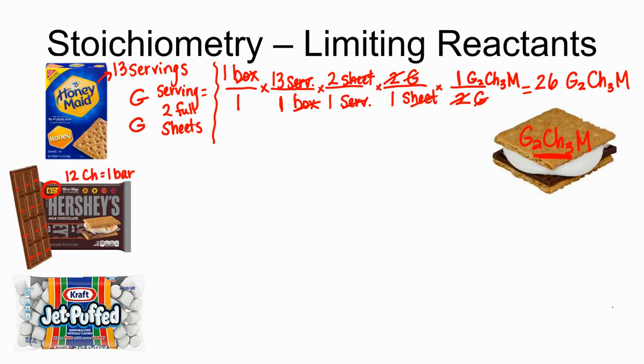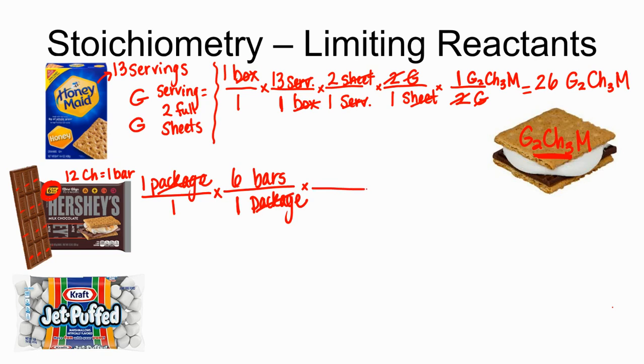So what do I know? What am I starting with? Well, I know that someone brought 1 package of chocolate to the bonfire. I know something about the packages. Oh yes, that there are in every 1 package 6 bars of chocolate. And then what do I know about the chocolate bars? That they contain 12 CHs in every 1 bar.